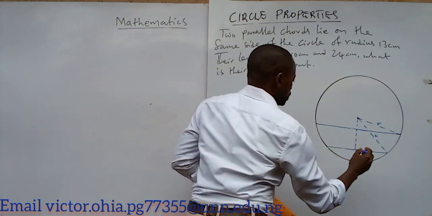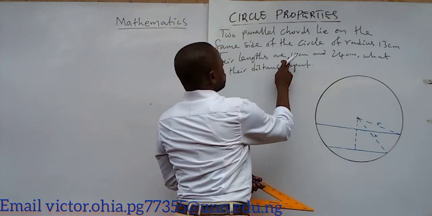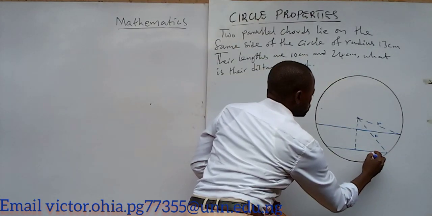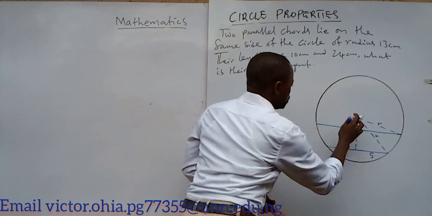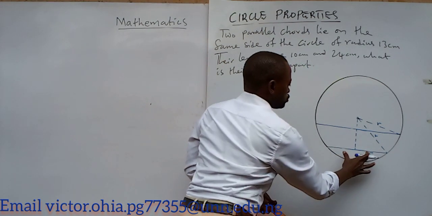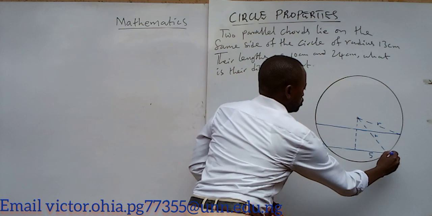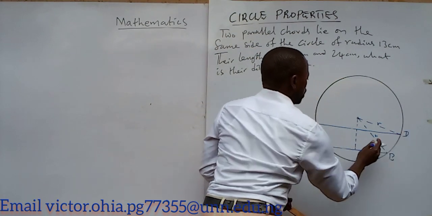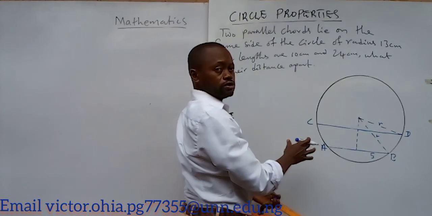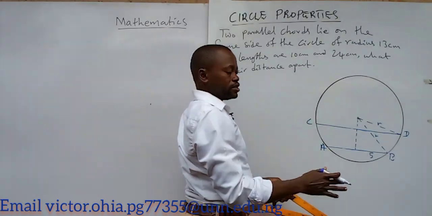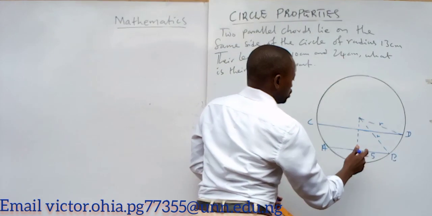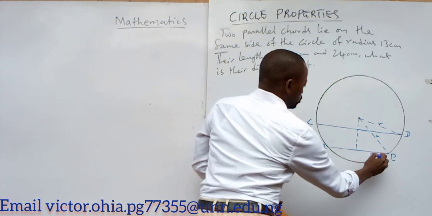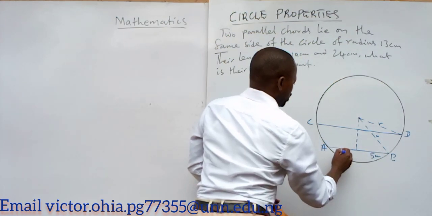Follow me, this is 10 cm. Because this line that came from the center bisects this chord, let me label here A, B, C, D. So I have chord AB and chord CD lying on the same side of the circle. If this is 5 cm, this is also 5 cm.